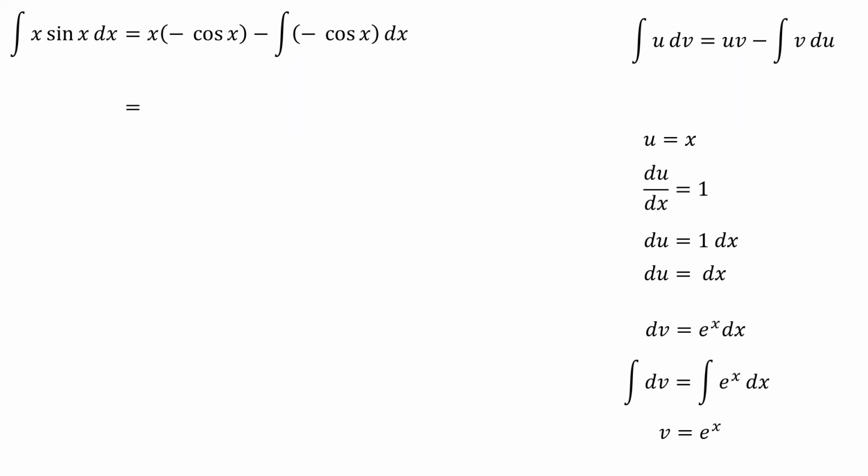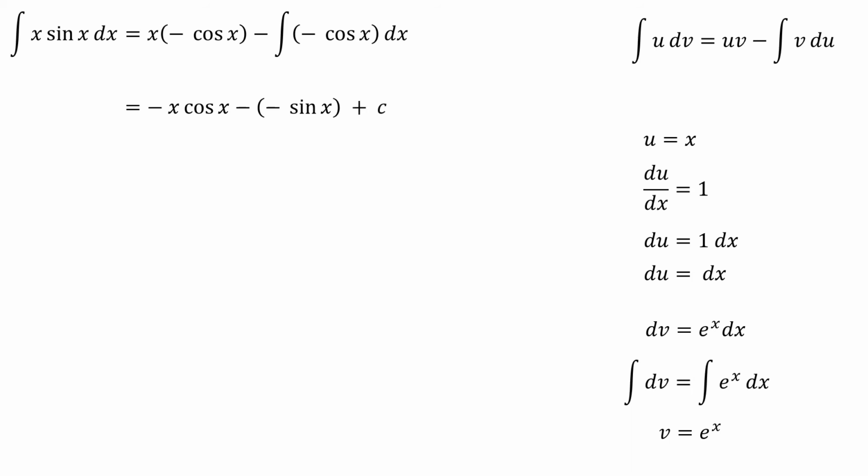Okay, so what do we have here? Well, x times negative cosine of x will be negative x cosine of x. And then I've got that subtraction symbol. Don't lose that subtraction symbol. Now when I integrate negative cosine of x, I'm going to get negative sine of x.